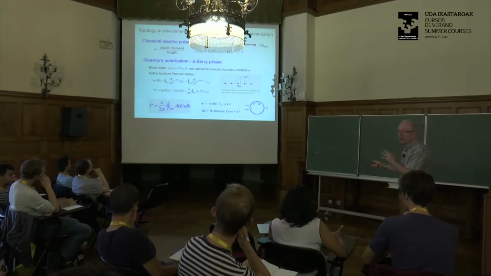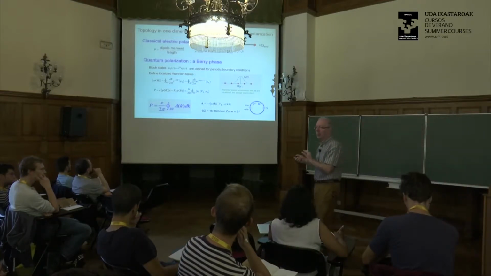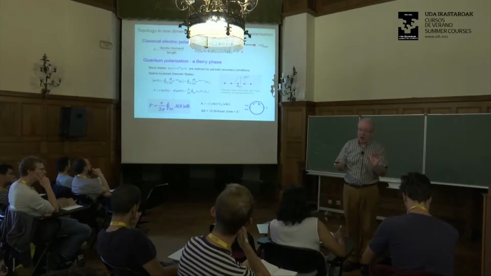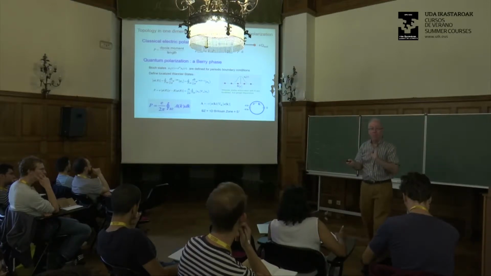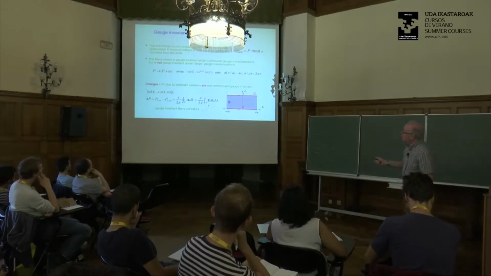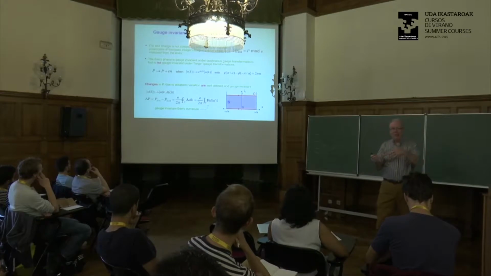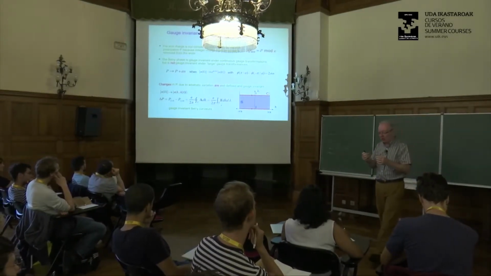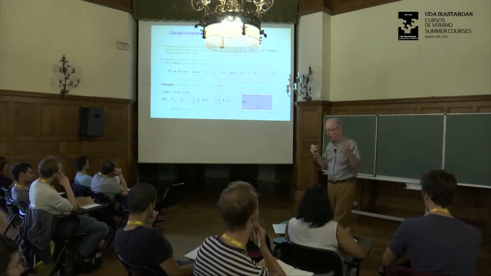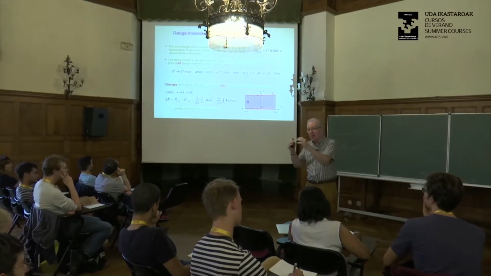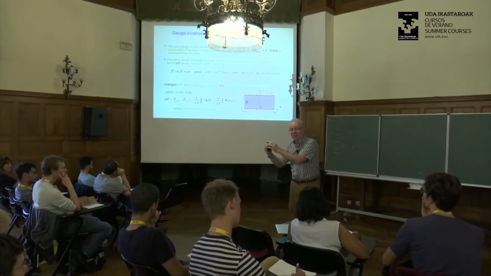This points us to an important fundamental property that both the electric polarization and the Berry phase share: they're both ambiguous up to an integer. It makes complete sense if you think about the polarization. If I define the polarization as the dipole moment per unit volume, the way you can measure it is by measuring the charge at the end.